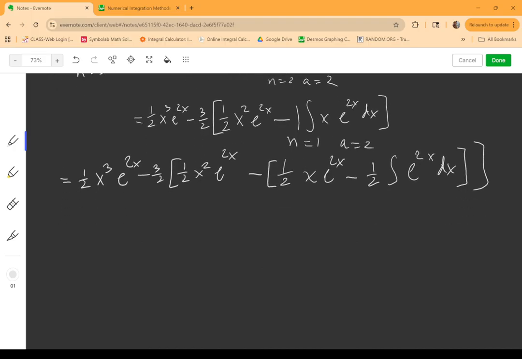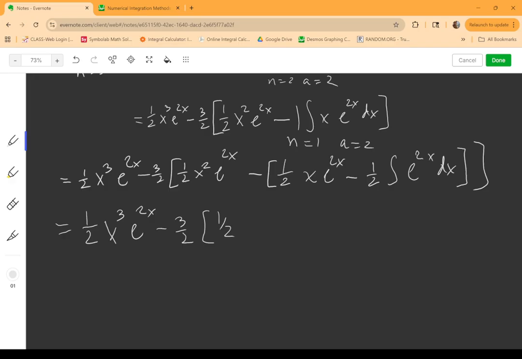There's no more x, and luckily we have a straightforward integral. The integral of e to the 2x is e to the 2x, but don't forget that factor of 2, divided by 2.